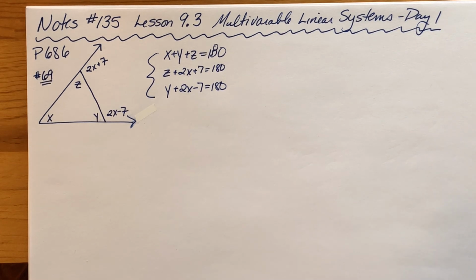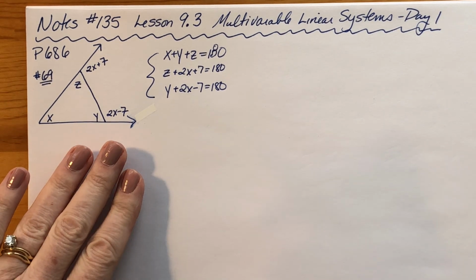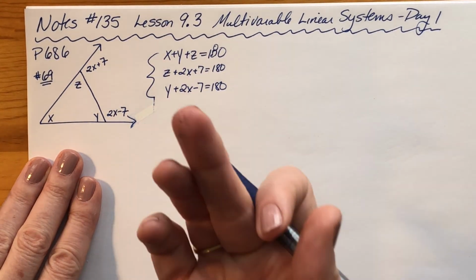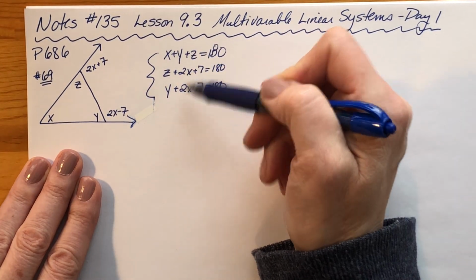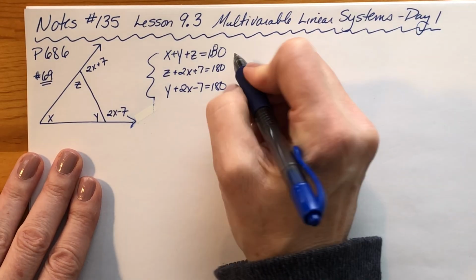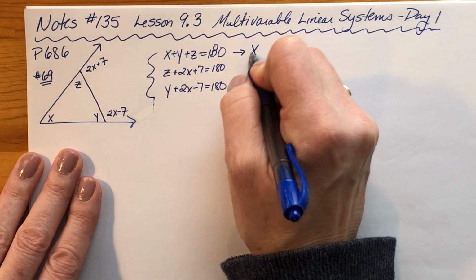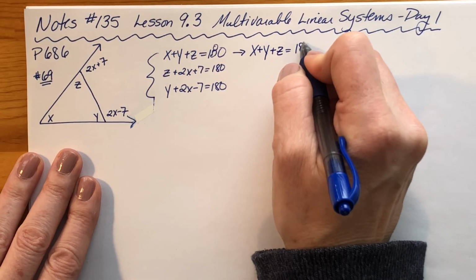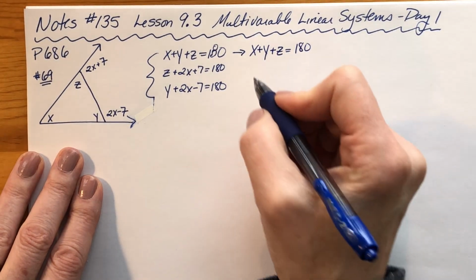Well, this is where I have to put on my thinking cap. All right, so stop and think about what you know. This is not lined up at all. It's not pretty. Let's go ahead and rewrite this in beautiful form. So our x's are lined up, my y's are lined up.